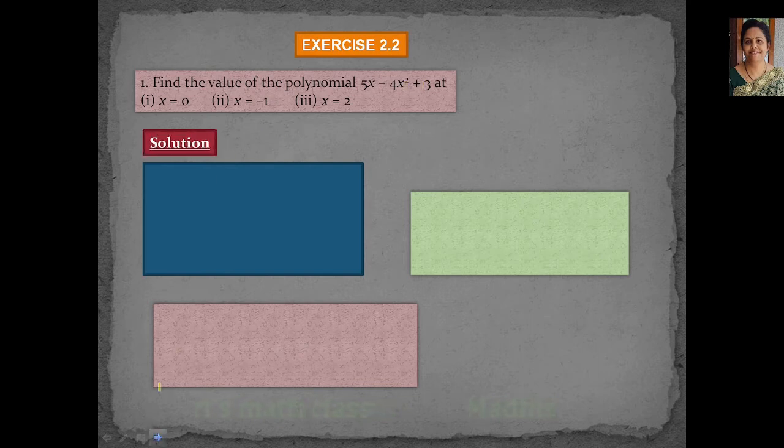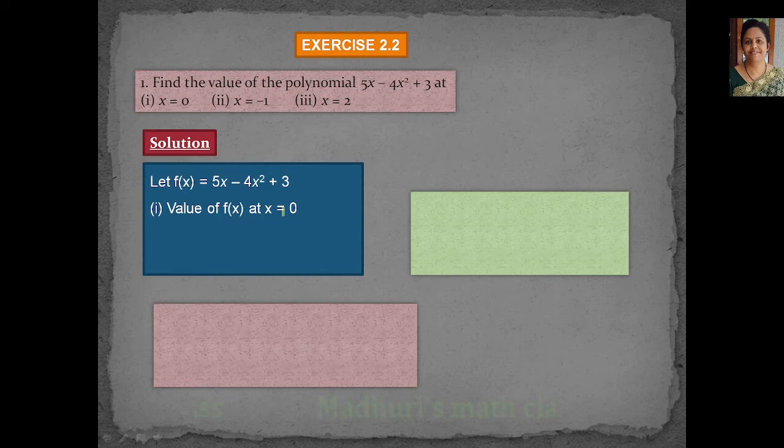So when x is equal to 0, first one, f(x) is equal to 5x minus 4x squared plus 3. Next, find the value of f(x); in the place of p(x) we wrote f(x). Okay.